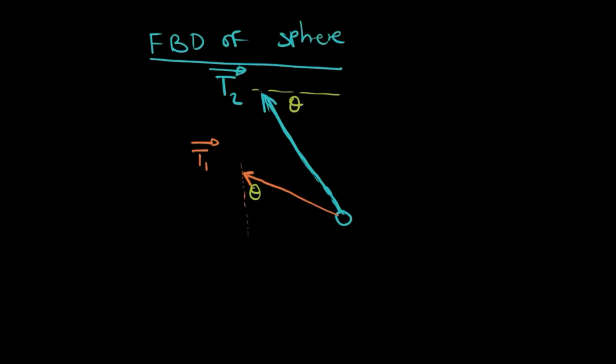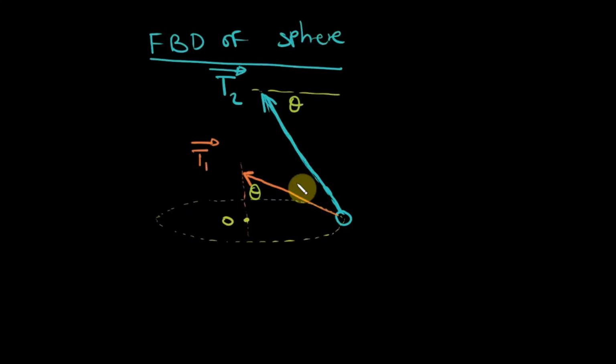Okay. Now just looking at the motion of our sphere, the problem does state that it's moving in a circular path, so I'm just gonna trace the circular path like that, and this is where our center, call it O, that's our center.